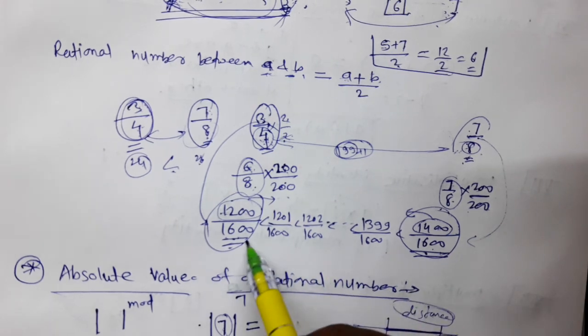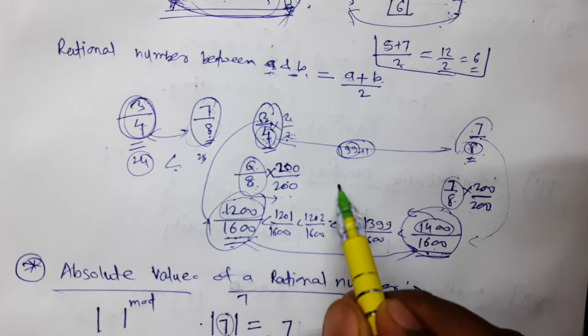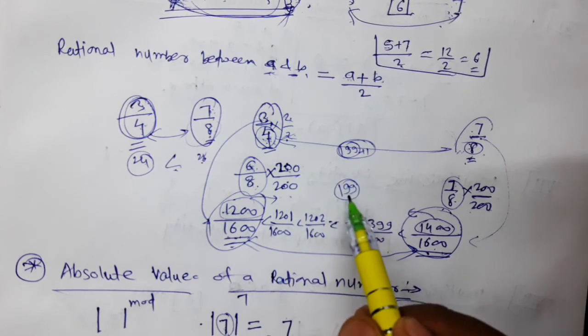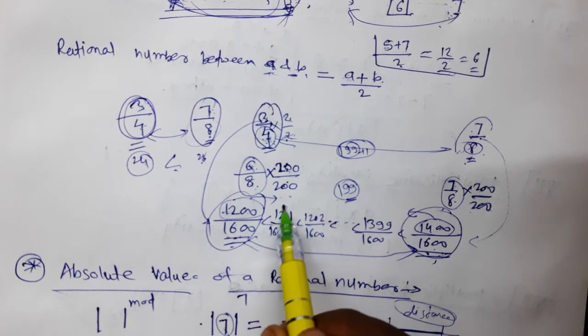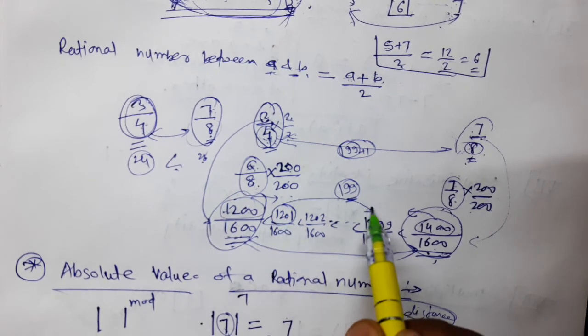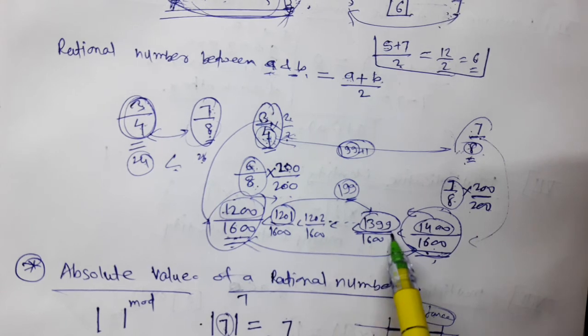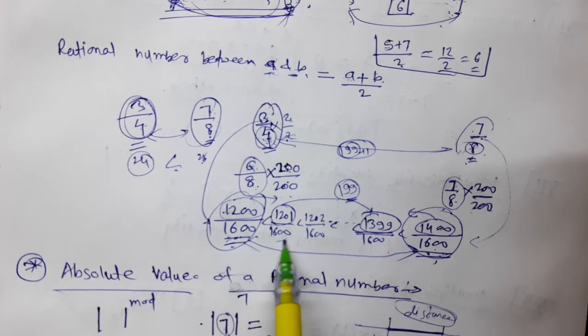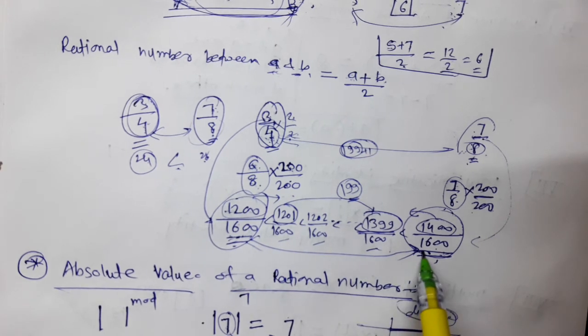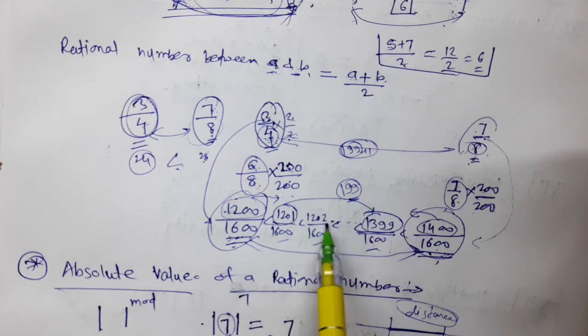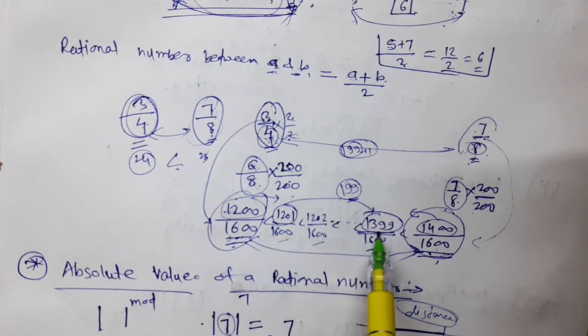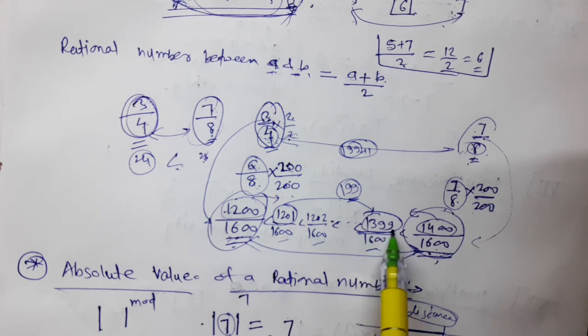So now we can find 199 numbers which are in between these two numbers. From 1201 to 1399, there are 199 numbers. So take the denominator as 1600 and take 1201, 1202, 1203 up to 1399 as the numerators.